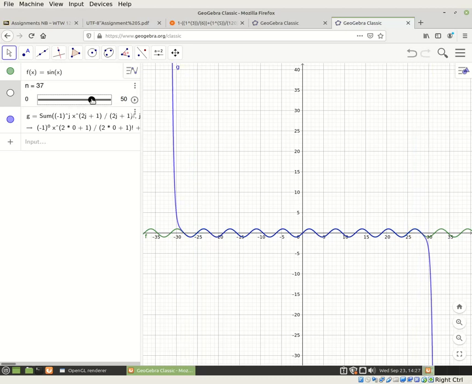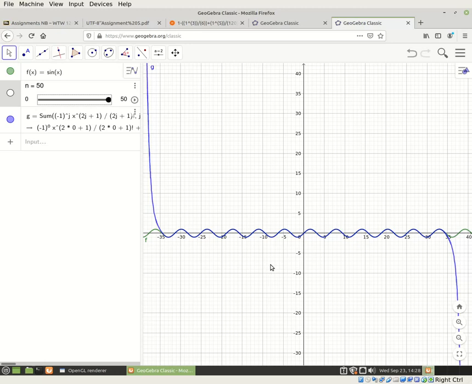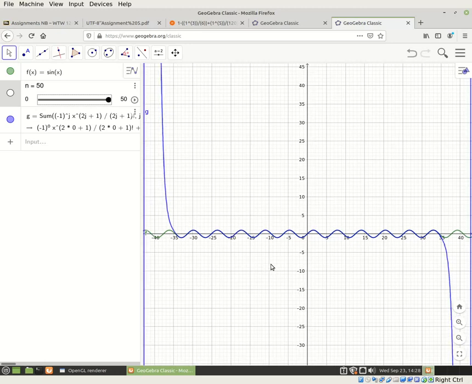If we have up to 50 terms, this polynomial in blue gives a fairly good approximation for sine up to 35. And the more terms we have, the closer our approximation gets.